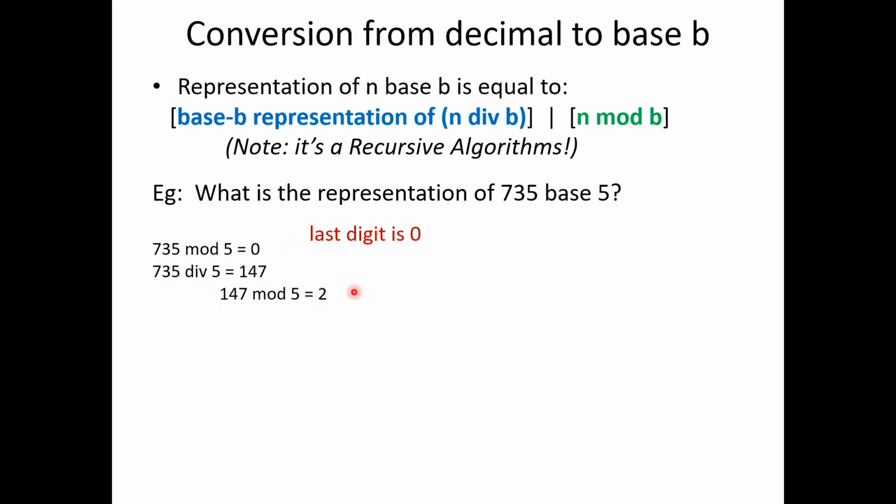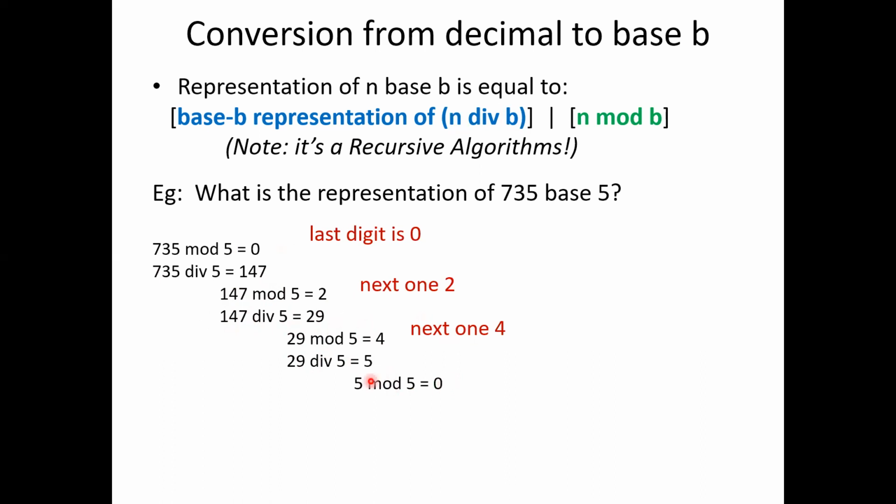It's a 2. So the next digit is 2, and then 147 div 5 is 29, because this is almost 150, which is 30 times 5. Recursively, what's 29 mod 5? It's 4. So the next digit is 4, and then 29 div 5 is 5.